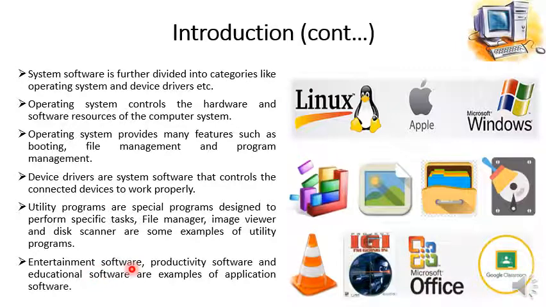Entertainment software, productivity software and educational software are examples of application software. See, operating system, device drivers and utility programs are examples of system software, while entertainment software, productivity software and educational software are examples of application software, because they are used for a specific purpose.